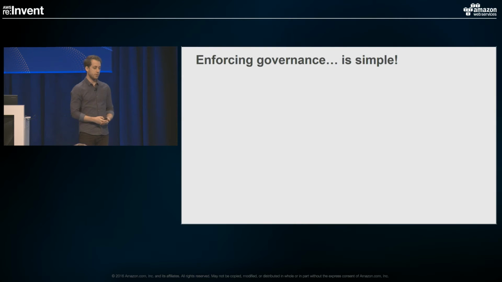Now let's talk about governance. If you want to actually enforce governance in AWS and ensure that everyone deploying their applications and their security software is following your best practices, you can take advantage of that task definition. Any modification that someone makes to the ECS task definition is an AWS API call, and that can be controlled via IAM.